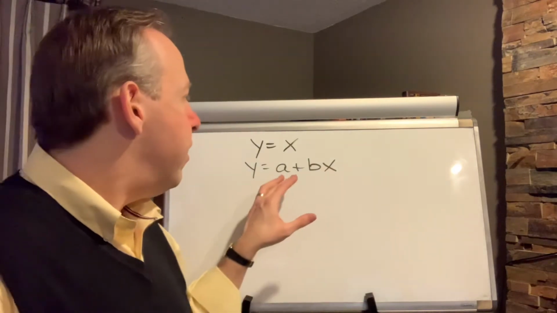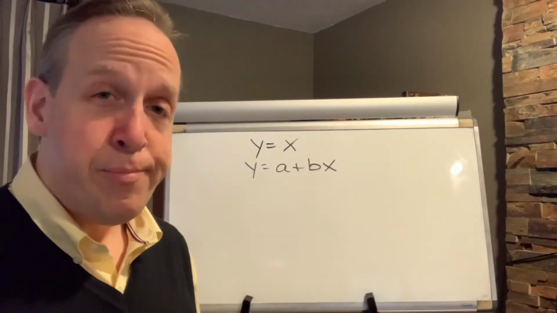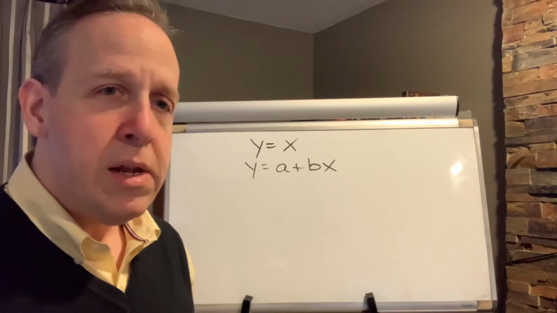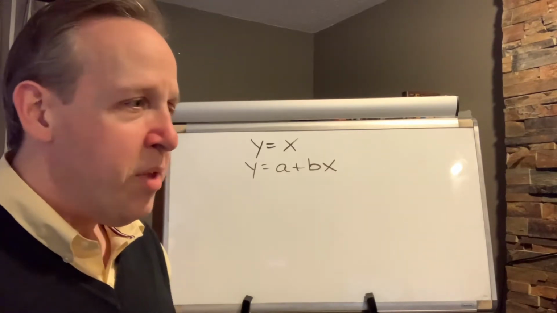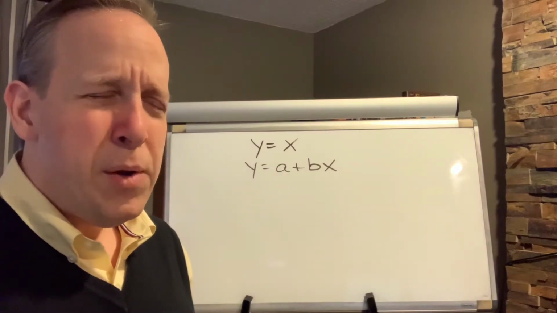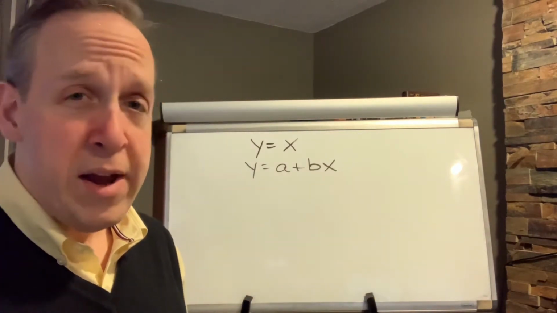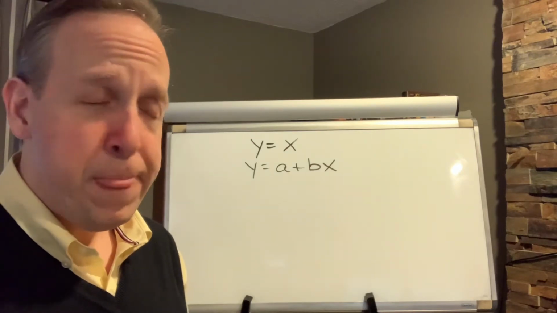We had said that the constant, the A, will affect measures of center, like the mean and the median. It will affect the quartiles, 1 and 3. But it won't affect measures of spread, like the standard deviation or the range or the interquartile range.